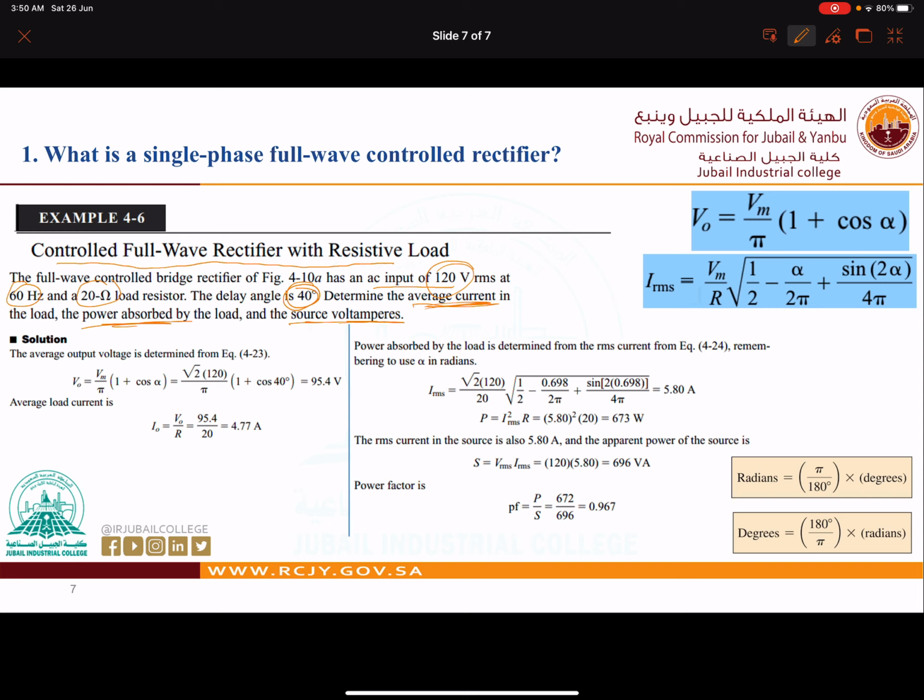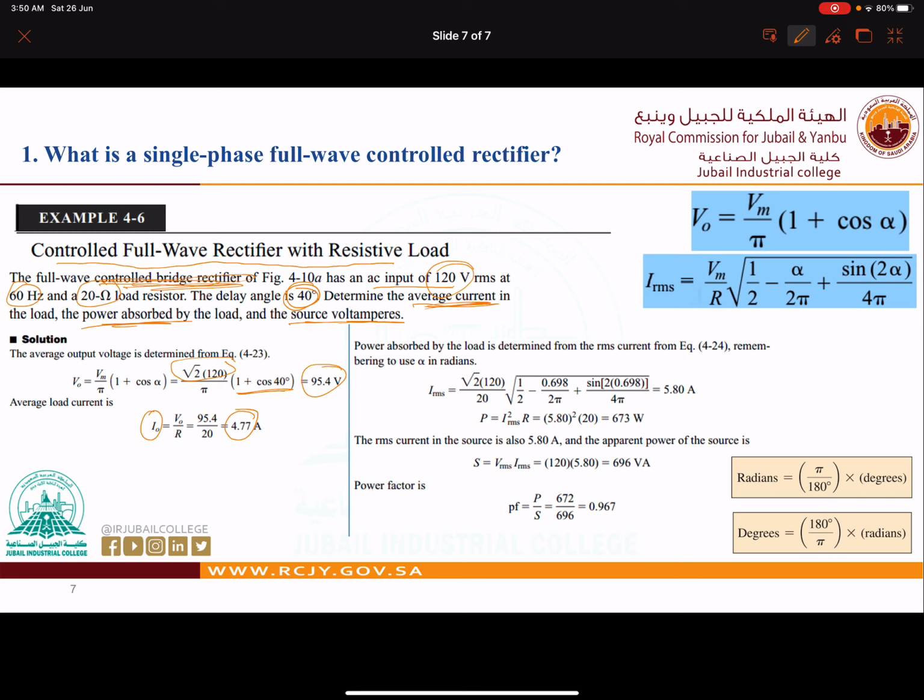Now we know that from this controlled bridge rectifier, the V out here is V maximum divided by pi, because it's the resistive load, right? V maximum is root 2 multiplied by 120, multiplied by 1 plus cosine alpha. Alpha here is 40, so this is the answer. This is I out, right? I out is 4.77.